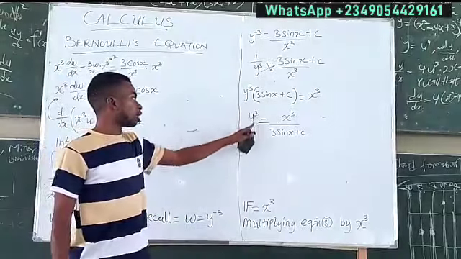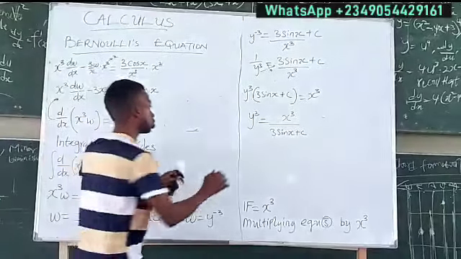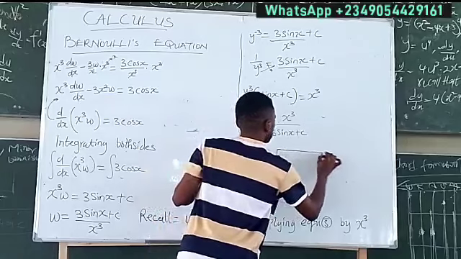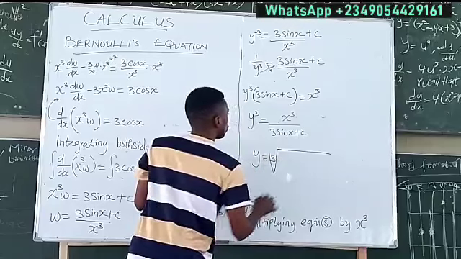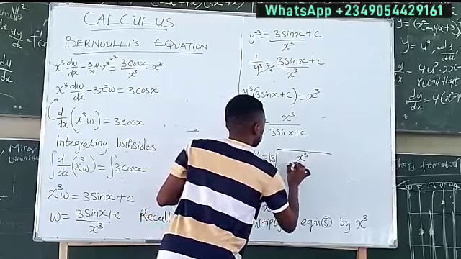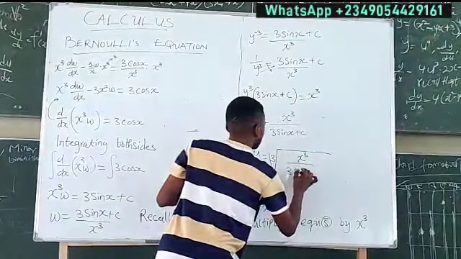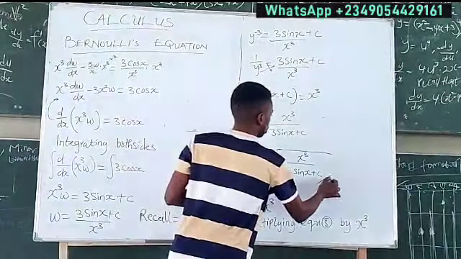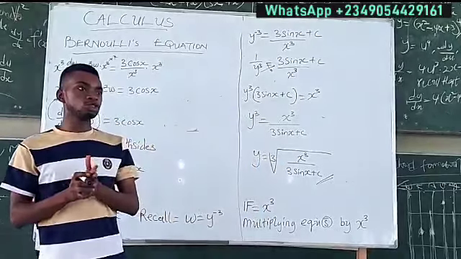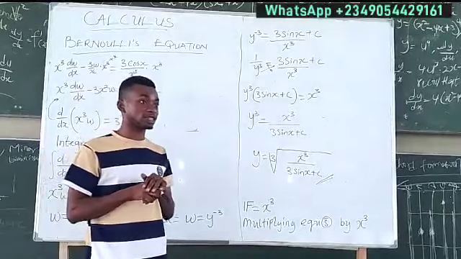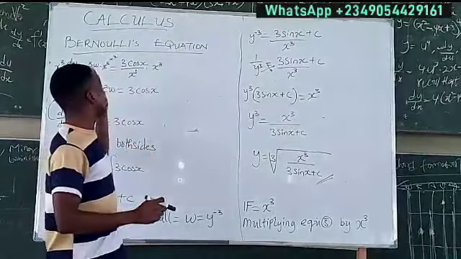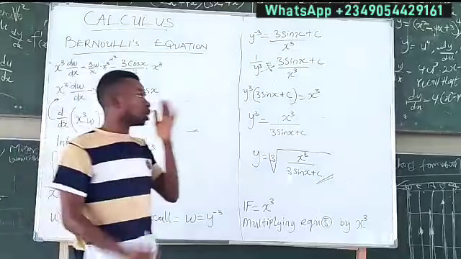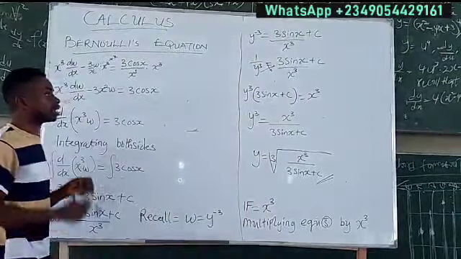Okay, let us remove our power, so it becomes y equals the cube root of x raised to the power 3 over 3 sin x plus c. Okay, this is how we can use Bernoulli's equation to solve our first order non-homogeneous differential equation.